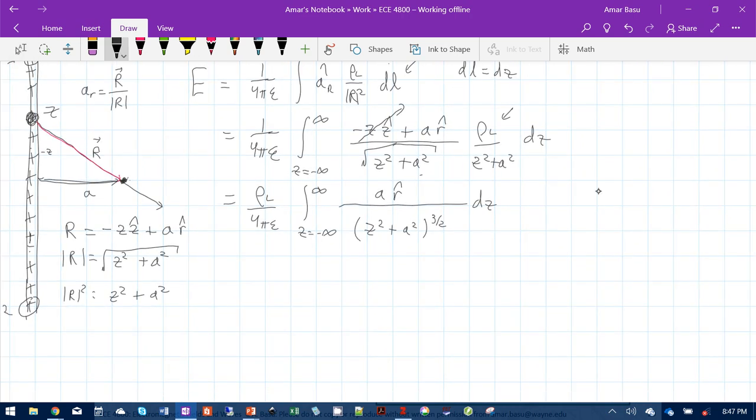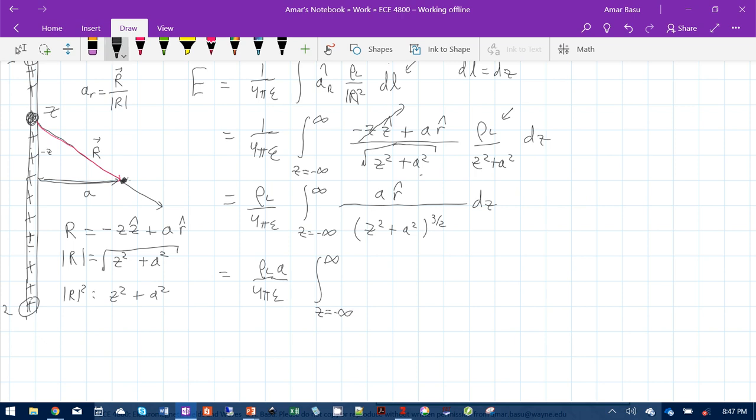All right. So now rho L over 4 pi epsilon. Now the next hurdle that we come across is, by the way, this a is a constant, so the a can be moved out here, rho L times a. Integral of z from negative infinity to infinity. Everyone with me so far?